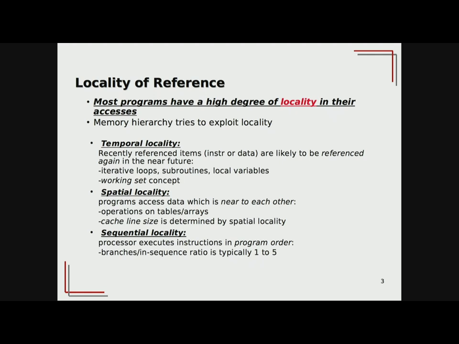And remember that L1, that is very small, is always split. There is L1I, that is L1 for instructions, and L1D, that is L1 for data. So they are split this way. Okay, so locality of reference is actually quite important.